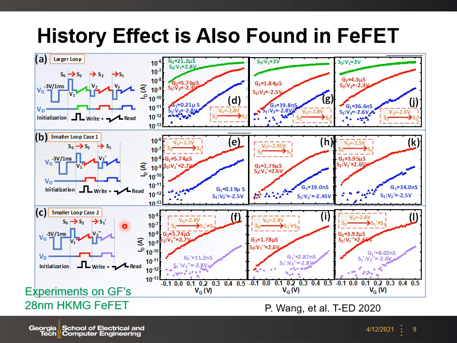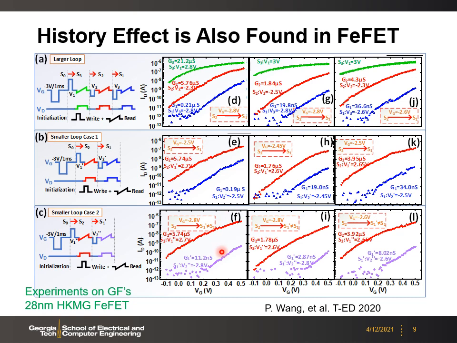We can consider a different minor loop where we start from the same S2 state, but keep using the same voltage, say negative 2.8 volts. Then we result in a much more reset state. The conductance will be about 11.2 nanosiemens, but previously it was 0.19 microsiemens.